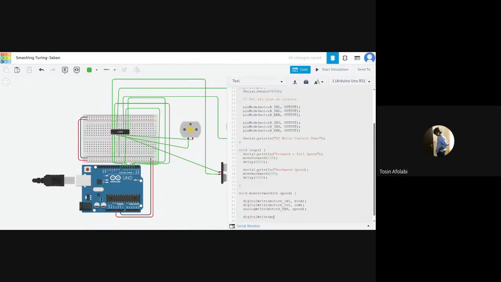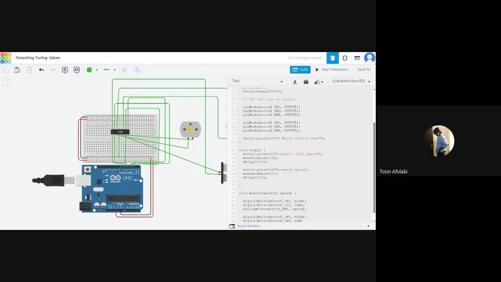Then same thing, moto B plus IN3, hyphen, close parentheses, maybe two I's, close parentheses. So same thing, digital write, parentheses moto B underscore IN4. Potential that's going to be low.